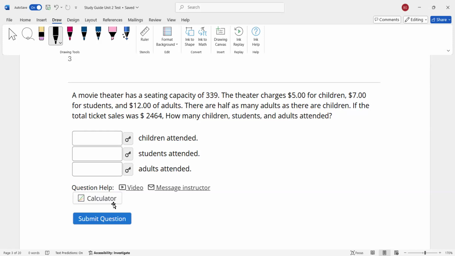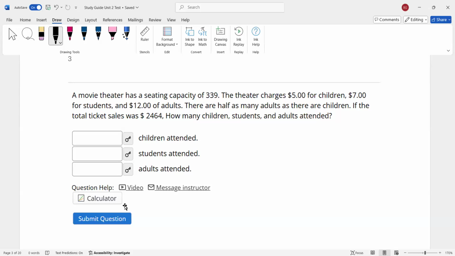The theater charges $5 for children, $7 for students, $12 for adults. There are half as many adults as there are children. Why don't I just say the number of children is twice the number of adults, right? That would be no confusion. So I think this means the number of children is more than the number of adults.